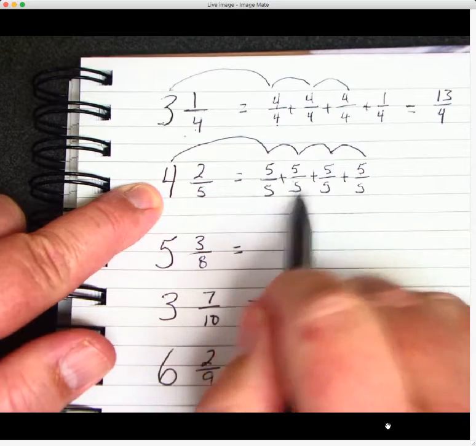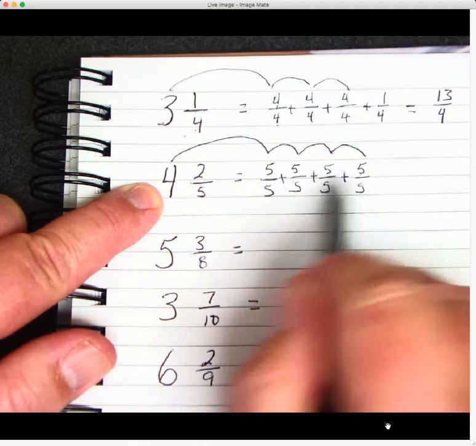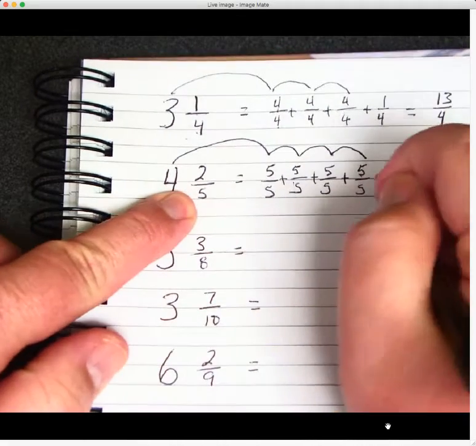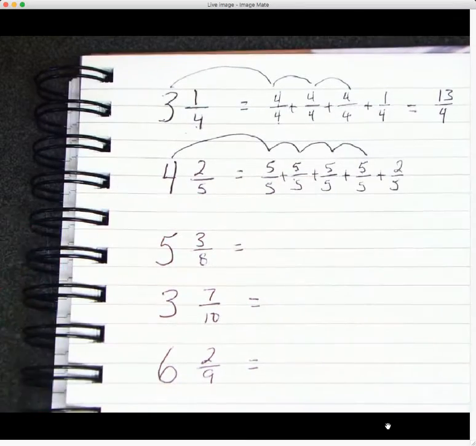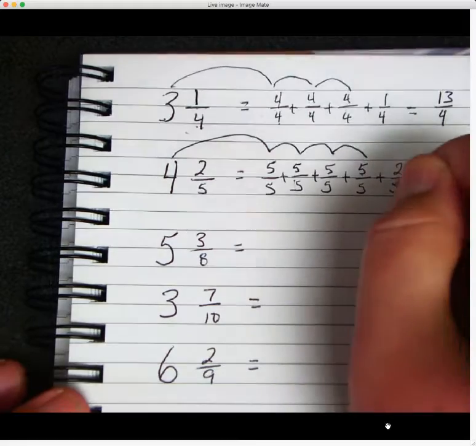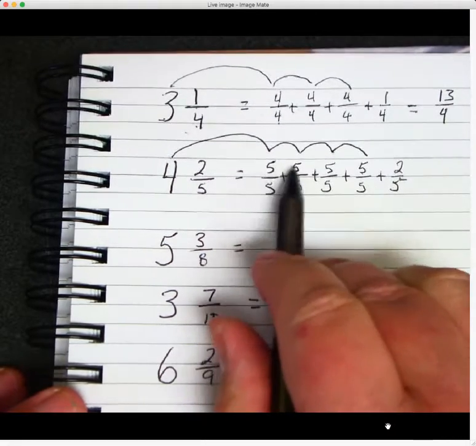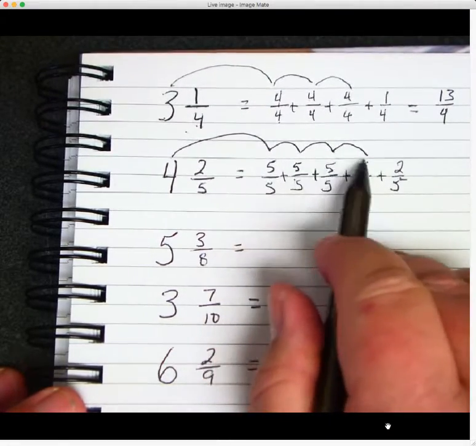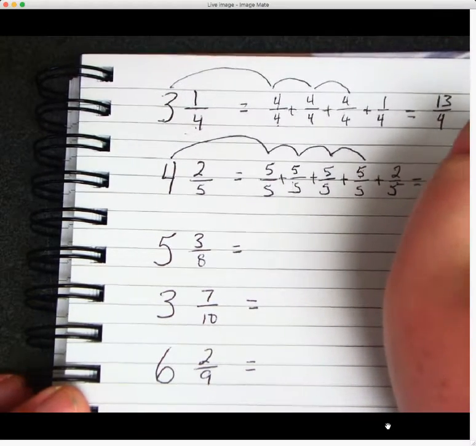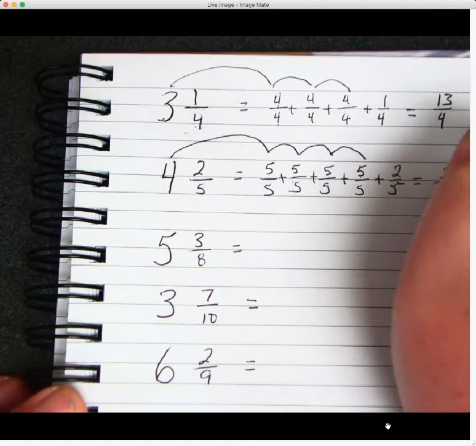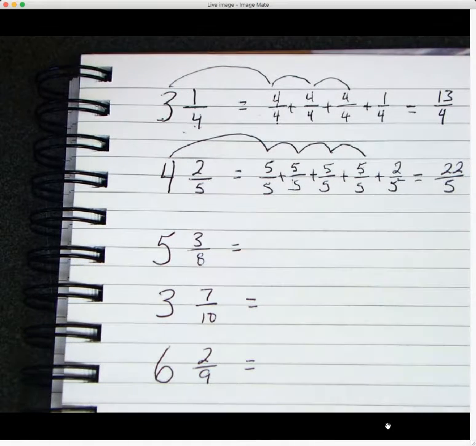And then I could add my other 2/5 that's left to it. So if I do that, 5 plus 5 is 10, 15, 20, 22 fifths would be the improper fraction, also called the fraction greater than 1.